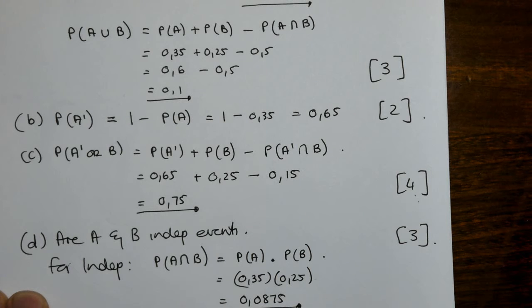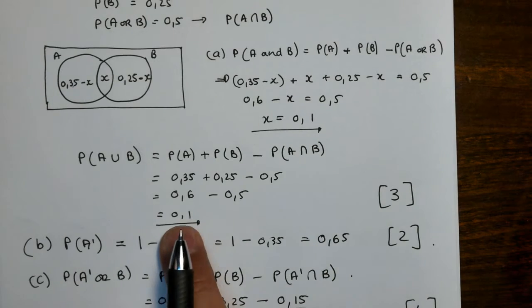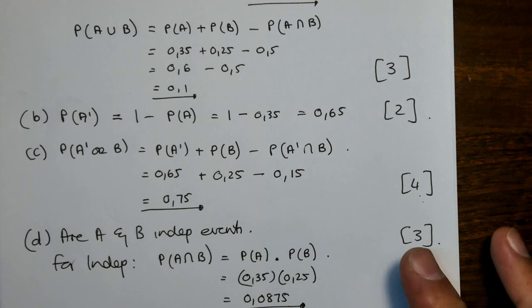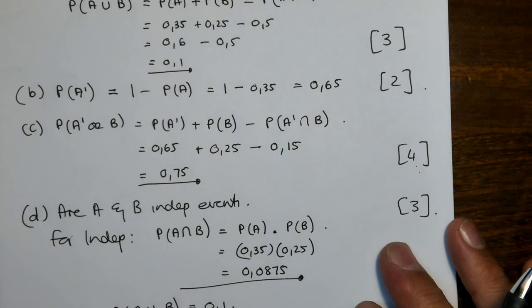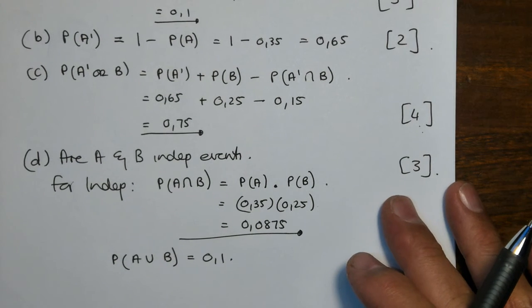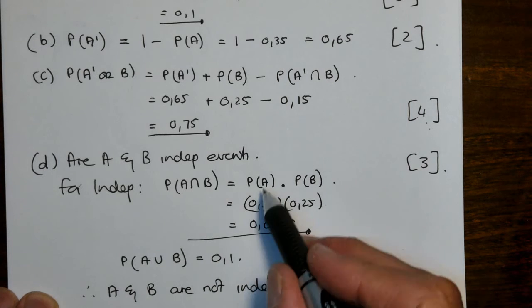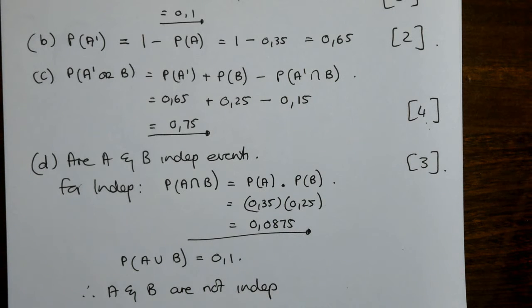But that component I found here to be 0.1. So these two things are not the same, which means that my events are not independent. Therefore A and B are not independent because these two things don't give me the same result. That was for 3 marks.